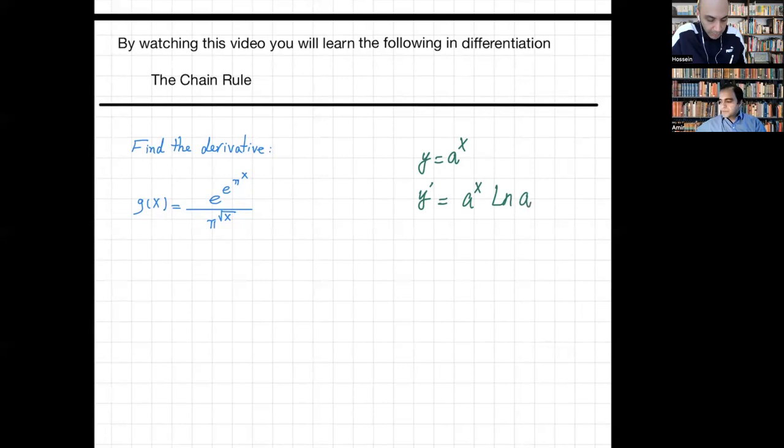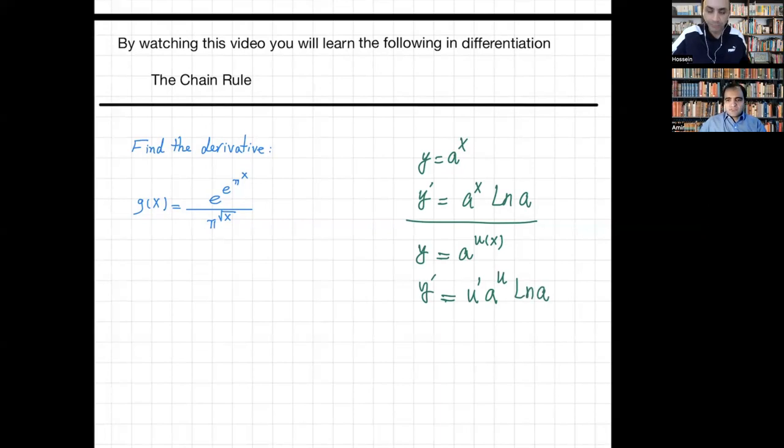And in general, if we have y equal a to the u, where u is a function of x, then y prime is u prime a to the u ln of a. Is that correct, Amir? Yes.